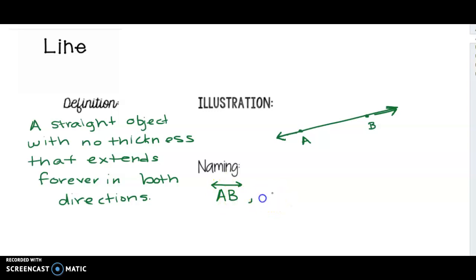Or you could also name it BA with that same symbol on top. And then every once in a while, there'll be like a lowercase cursive letter towards the end. In this case, it's an L, and that would also be the name of the line. It won't always have this, but a lot of times if you're going to be referring to that line a whole bunch, the diagram will include something like that.